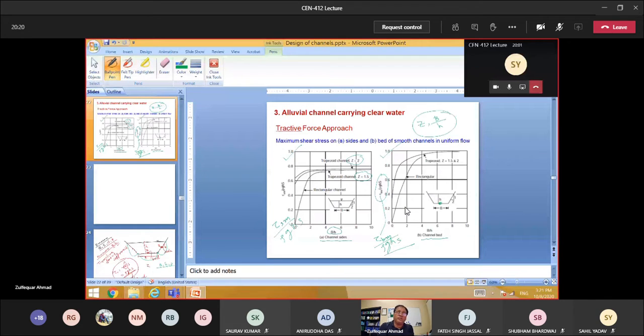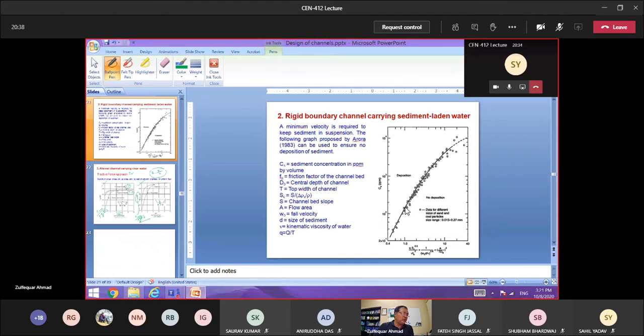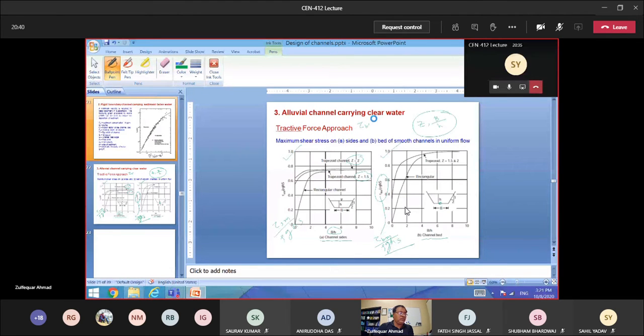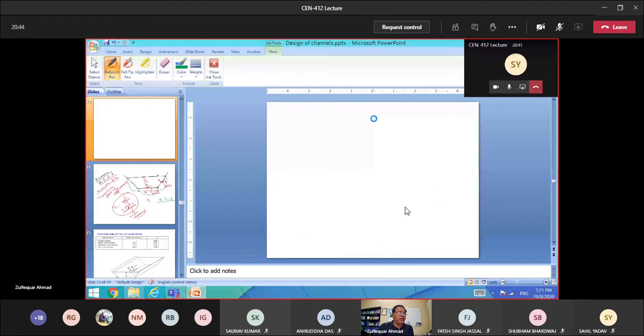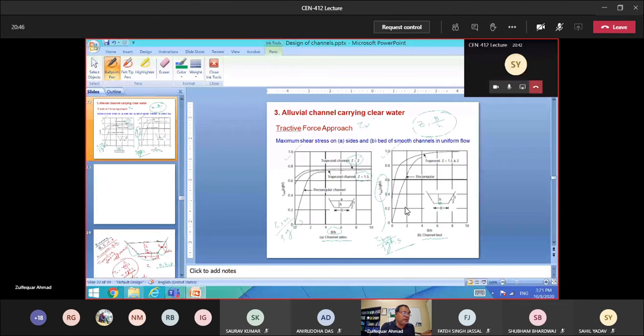Whatever the shear stress that is acting on the bed, let me write here, let us say the shear stress on the bed is tau BL. I don't know what notation I used, let me check. Okay, I have used the notation tau BL, acting on the bed.